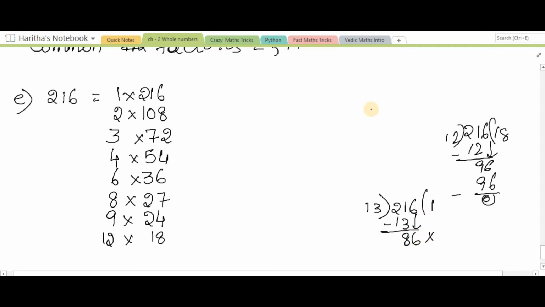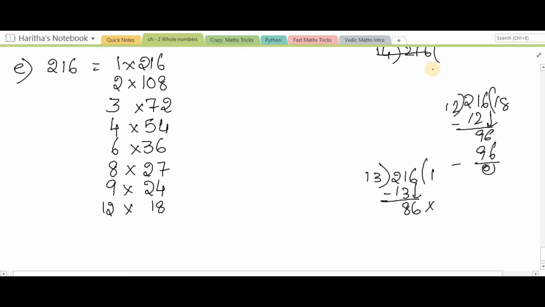In the 13 table 86 is not there. 14 table, 7 is not there, so 14 will not come. 15 also will not come. And that's it. These are the factors of 216.